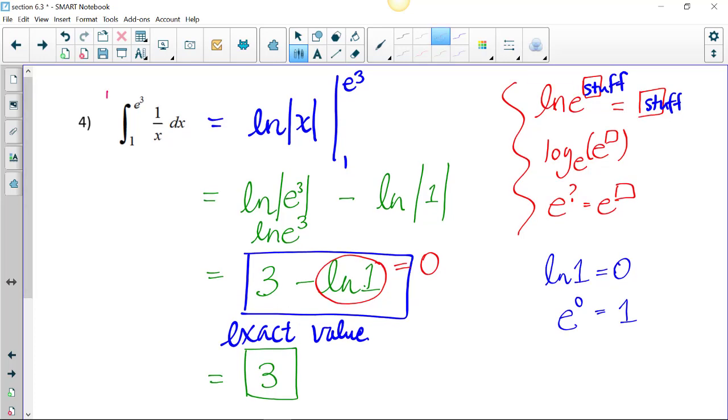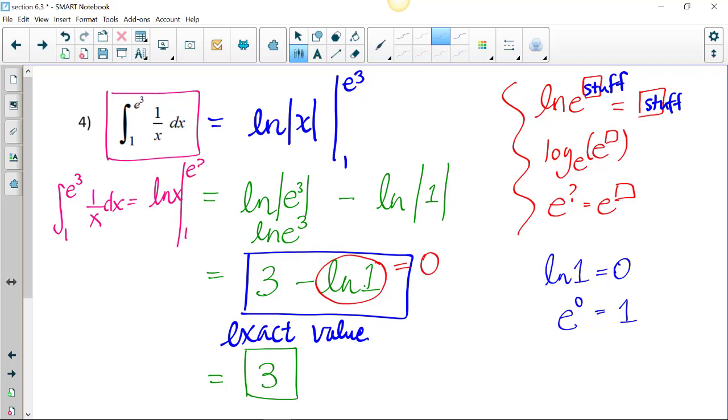So one quick comment here. You might see a problem like this in the book, and it might look like this. They might say, okay, the definite integral from 1 to e cubed of 1 over x dx is equal to just the natural log of x from 1 to e cubed. So you might see it where there are no absolute value bars there.